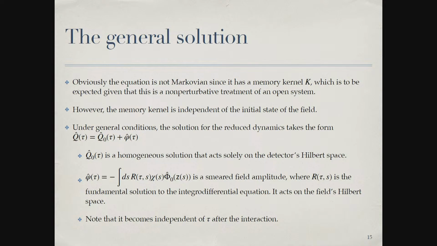If you're into quantum field theory, we say that it's localized in the interaction region, or in the causal hull of the trajectory, within the support of the window function. Also note that when tau grows bigger than the support of chi, this stops depending on tau anymore. That will be important later.